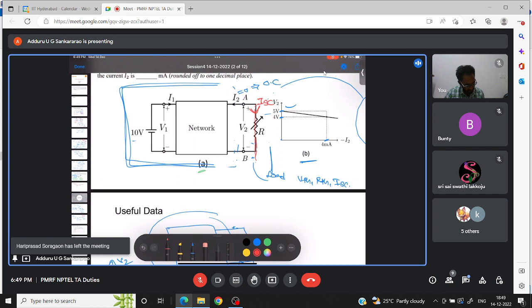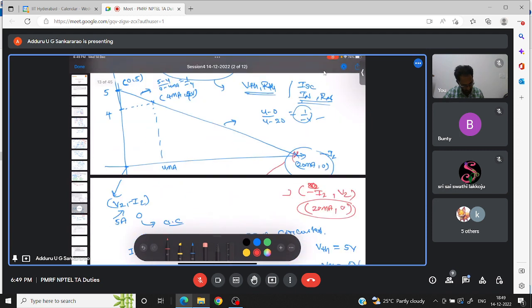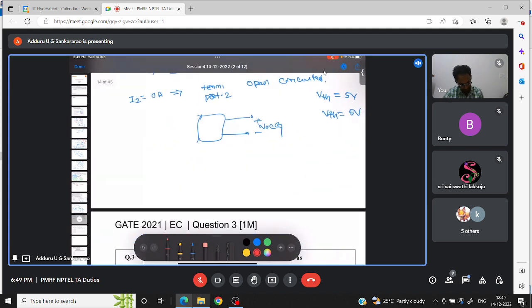So V2 is 0, and minus I2 is nothing but ISC, the current flowing to the load output terminals. I2 is entering, so ISC is minus I2. That means when V2 is 0, port 2, that is the load side, is short circuited.